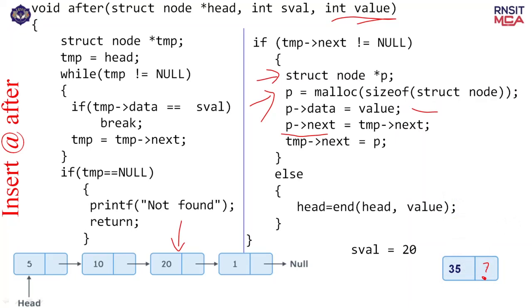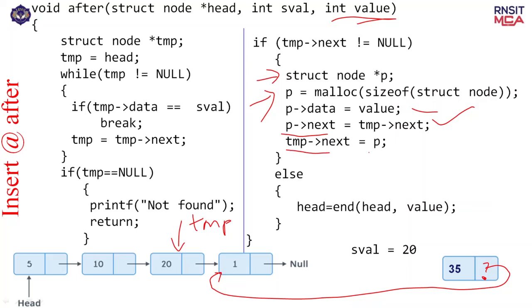So p of next is equal to temp of next. Temp is nothing but here, so temp of next is nothing but this cell. So that means p of next is pointing to this cell. So this statement is done.